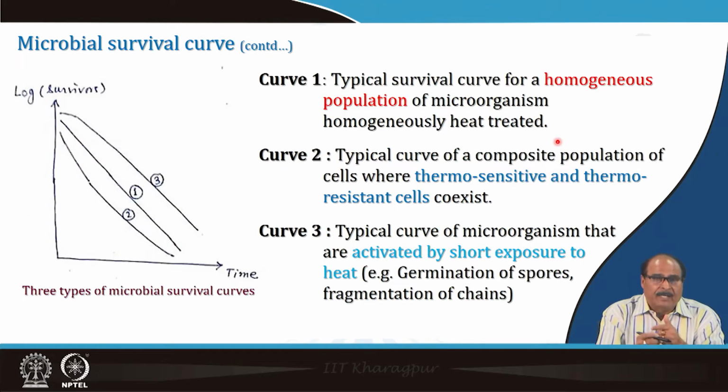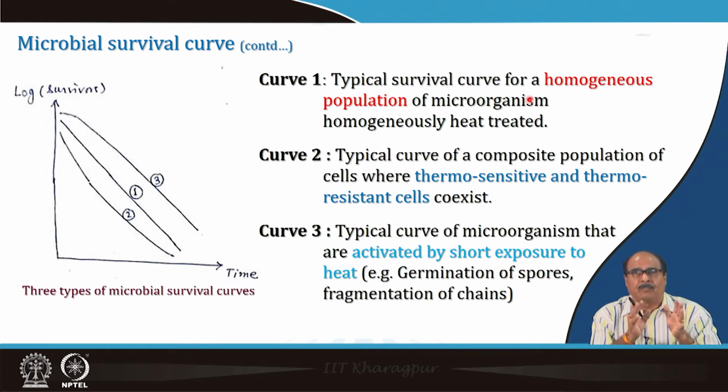You see here again the same curve. Curve 1 is the typical survivor curve of a homogeneous population, where all the microorganisms present in the food are similar in shape, size and all characteristics, and it is homogeneously heat treated, which is normally not found in the case of food material.